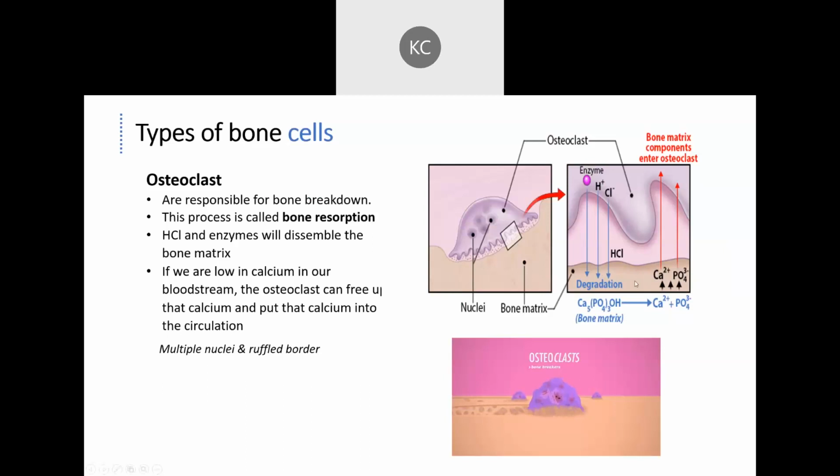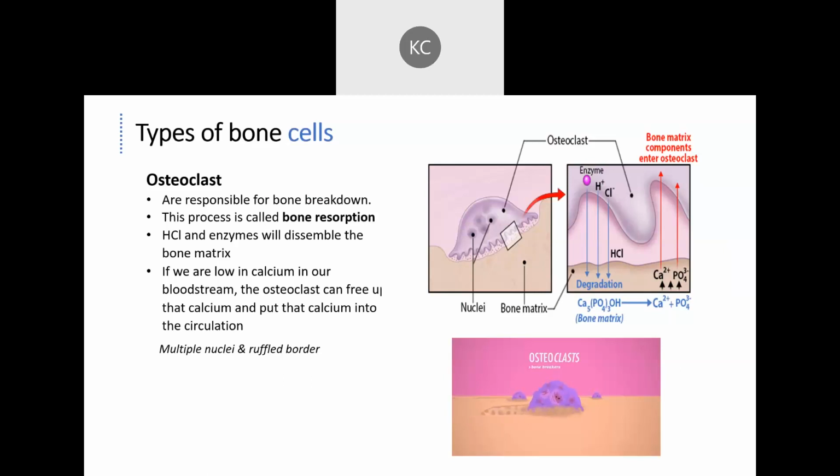As it does it, it breaks up the bone matrix and releases calcium and phosphate. That calcium and phosphate could potentially go back into the blood if we're needing to adjust blood calcium levels or whatever the case may be. They have these large borders here. They typically are multinucleated as well, so they have multiple nuclei.